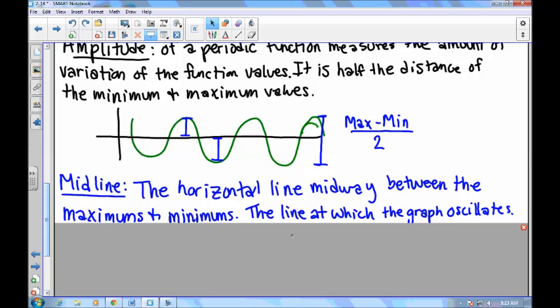Midline is the horizontal line midway between the maximums and minimums. This is the line which the graph is oscillating about. It's really nice when the midline is the x-axis, but that's not always the case. But when it is, it makes the problem nicer.